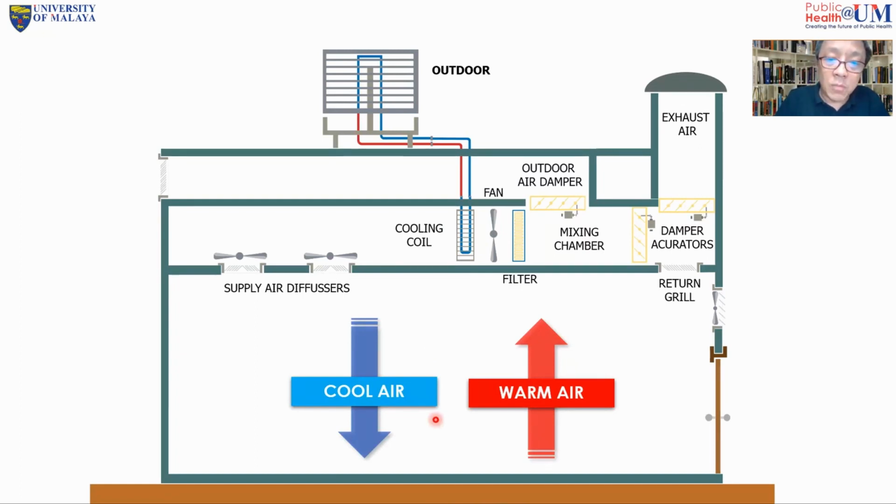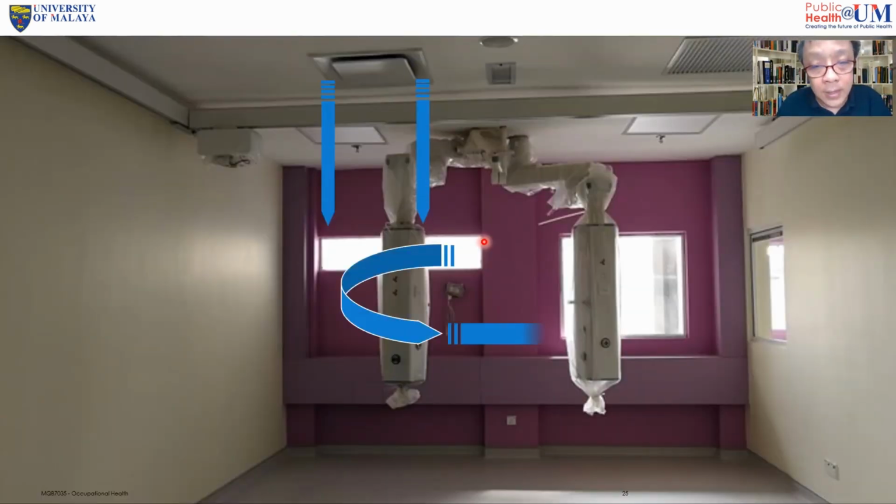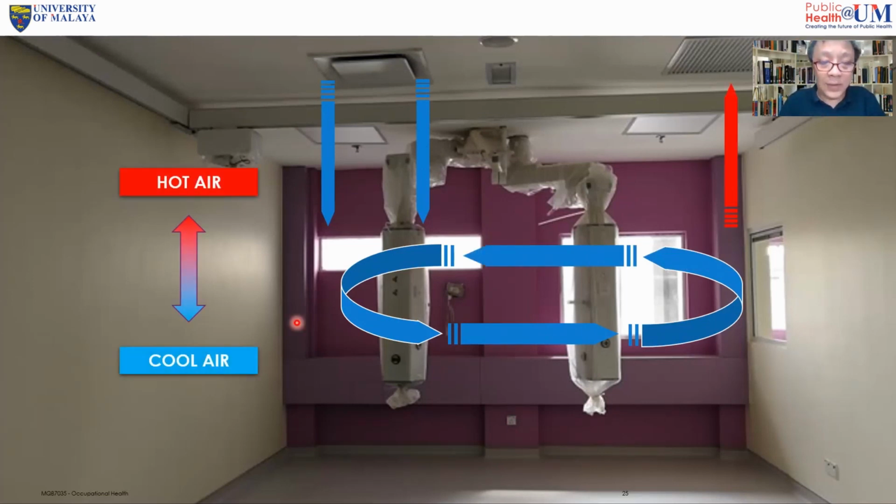If you have more exchanges, the fan needs to be more efficient and the cooling capacity needs to be greater, so the energy cost will increase. So we don't do it in an office environment. We can do it, and some AHU, air handling units, can actually handle it, but because of cost, we don't do it.